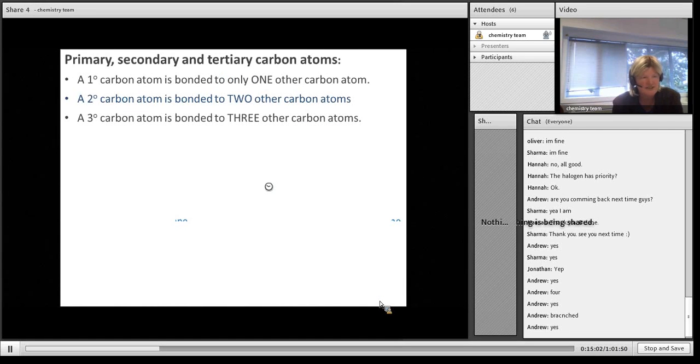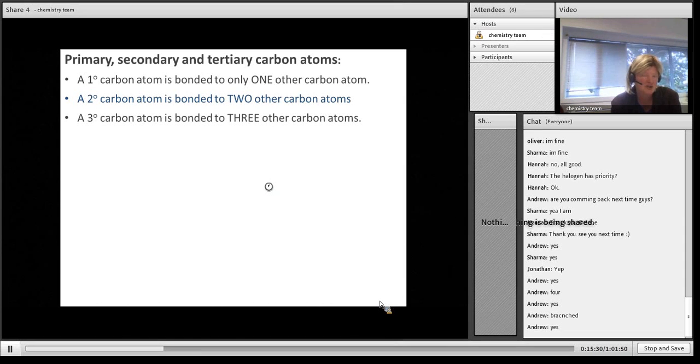Now, I used other terms, draw a branched chain secondary alcohol. Primary, secondary, and tertiary you did come across last year, but you may have forgotten, or perhaps you haven't done much level 2 chemistry with organic. What we're basically saying is a primary carbon atom is one bonded to one other carbon atom. Secondary, if it's bonded to two others, I think it's sort of self-explanatory.